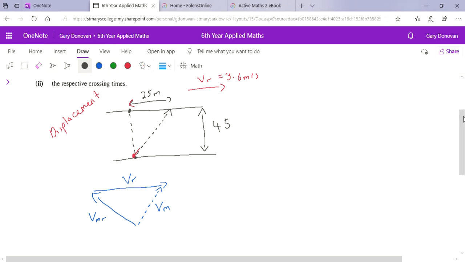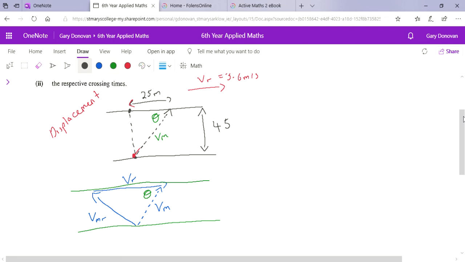Now, if you look at these two diagrams, they're very different, but some things on them are the same, or some things on each one we can use for the other. So, for example, if you look at this angle here, let's call it theta, that should be the same as this angle here. Why? Because this is the river bank, that's supposed to be a straight line, and this is the direction the man is going to take, the velocity of the man.